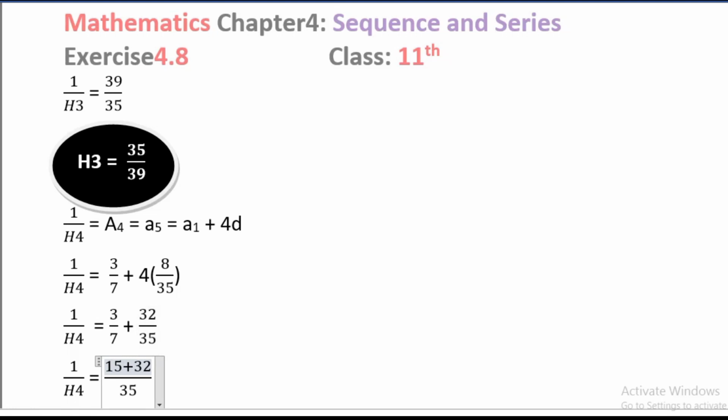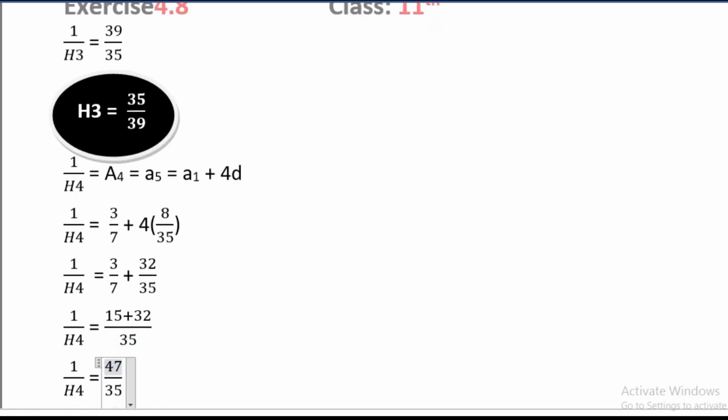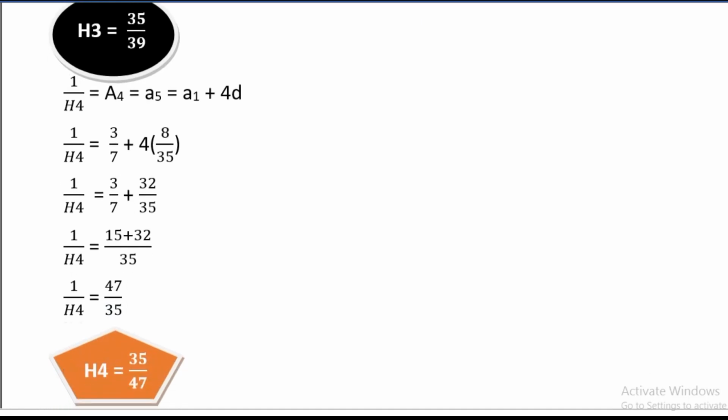So 32 plus 15 is equal to 47 divided by 35. Taking the reciprocal of 1 divided by H4, H4 is equal to 35 divided by 47, which is the required solution.